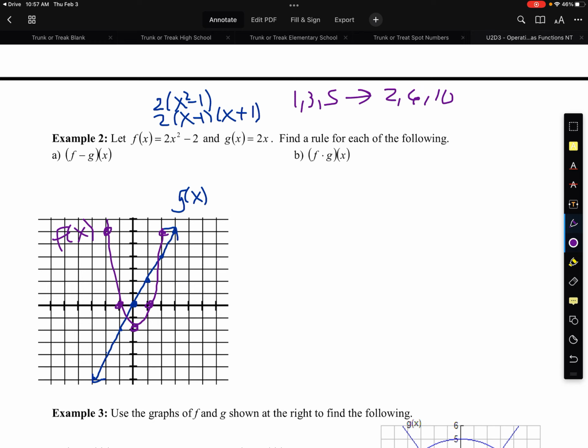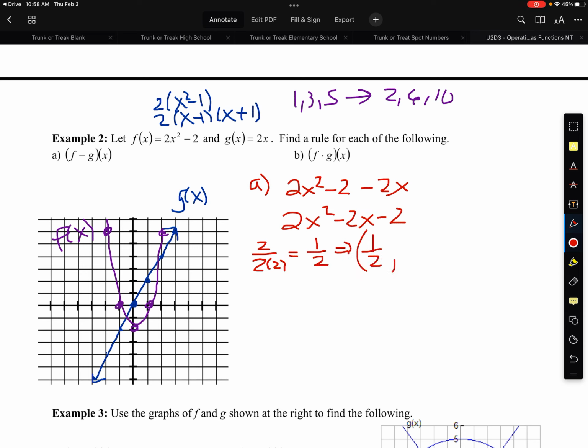So if we look at part A, we have f minus g: 2x squared minus 2 minus 2x, which gives us 2x squared minus 2x minus 2. That is our new equation. If we want to graph this, what do we need? We need a vertex. Using negative b over 2a, our vertex is at x equals 1/2, and we plug that in to get 1/2, comma, negative 5 over 2.